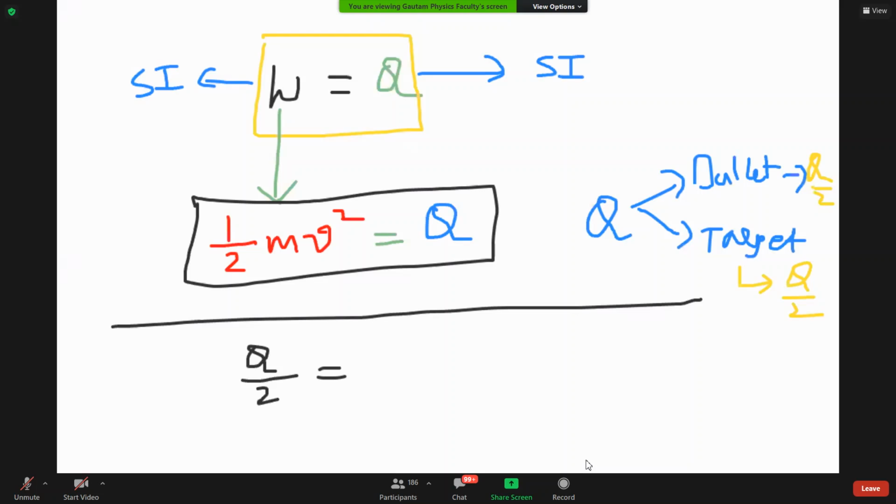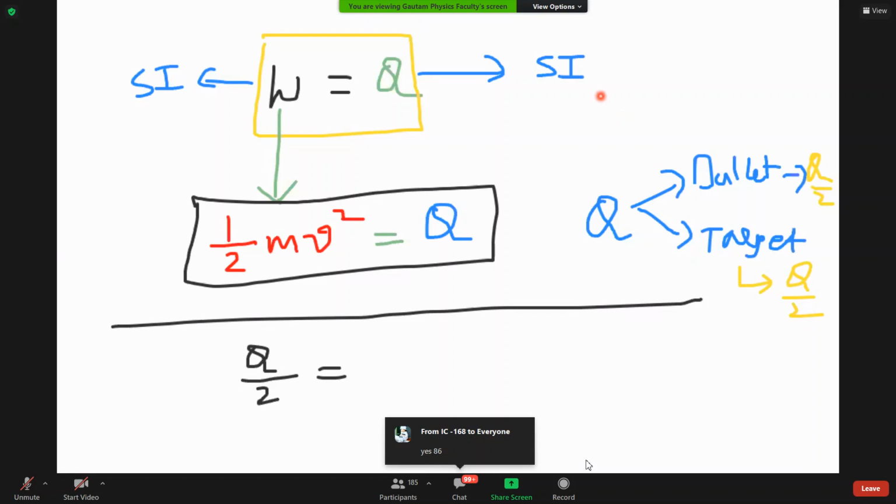Sir, how will W be half mv square? Generally, what is W? Mechanical work done. Mechanical work done means we take either potential energy, or kinetic energy, or kinetic energy plus potential energy. Here the discussion is not related to potential energy, like falling down from some height.